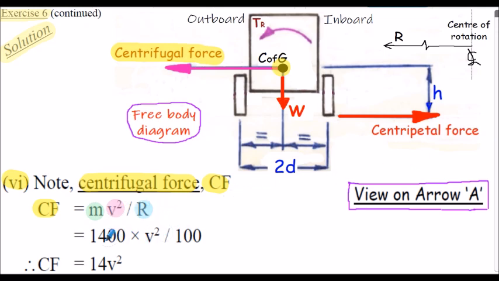M is the mass of the vehicle, 1400 kilograms. V is the linear velocity squared, we're trying to determine v. And r is the radius of the vehicle from the centre of rotation. Just note r is assumed to be from the centre of rotation to the centre of gravity of the vehicle. So evaluating the centrifugal force is 14v squared.